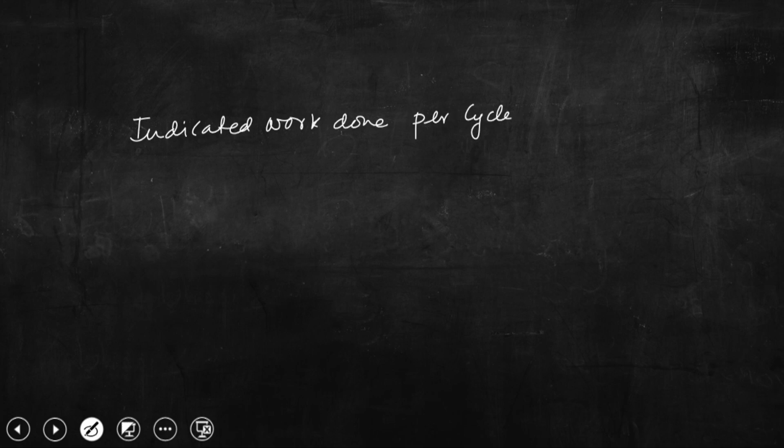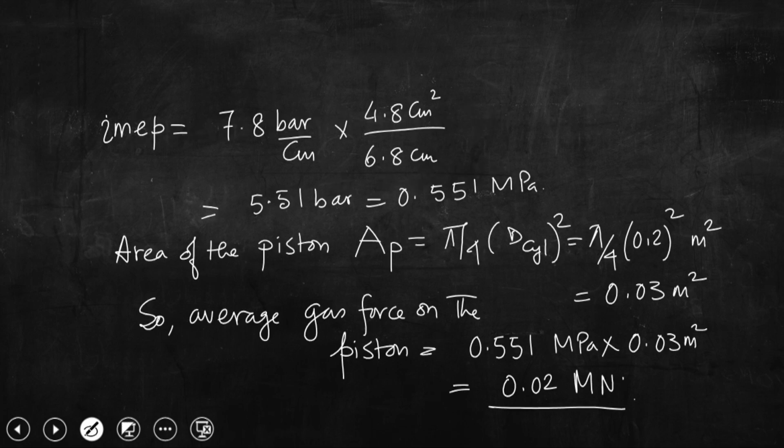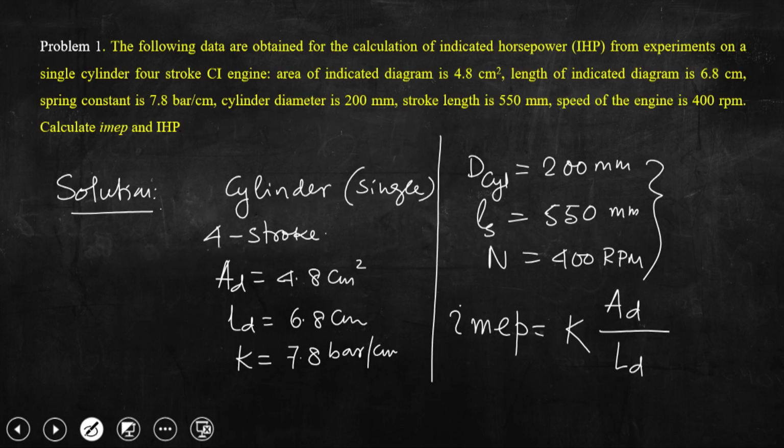We have calculated so far the force due to the indicated mean effective pressure acting on the piston cylinder. So, from the force we can now calculate the indicated work done per cycle. The force that we have calculated is 0.02 mega Newton into, if we go back to the previous slide, you can see that the stroke length is 550 millimeter.